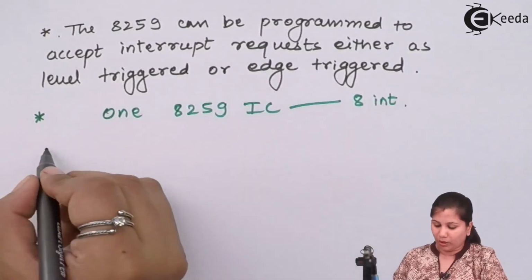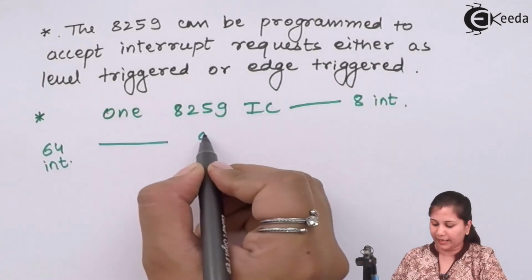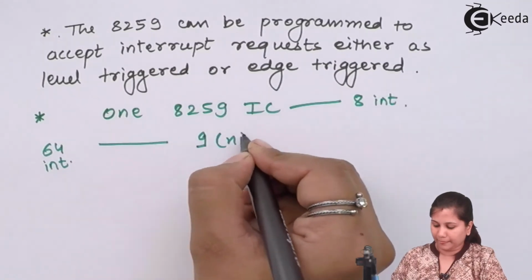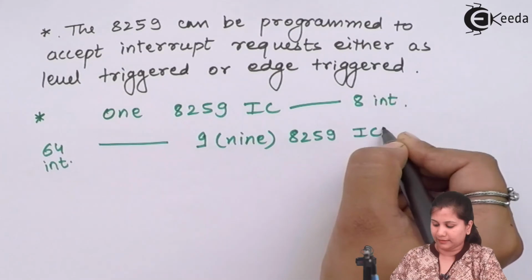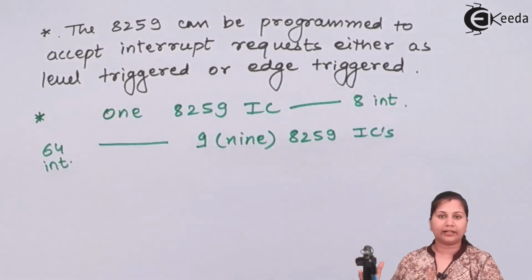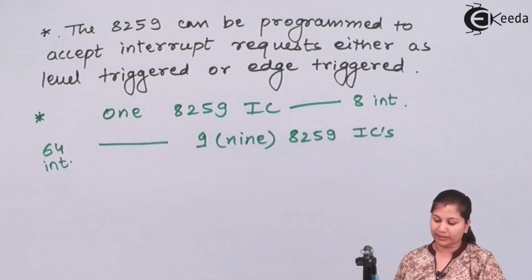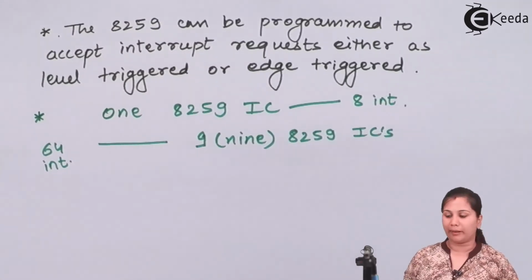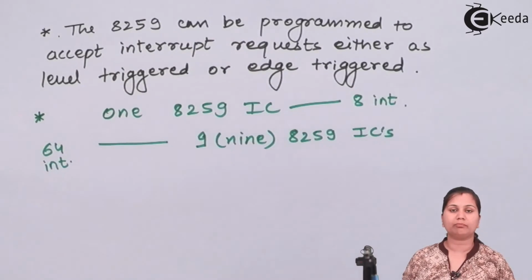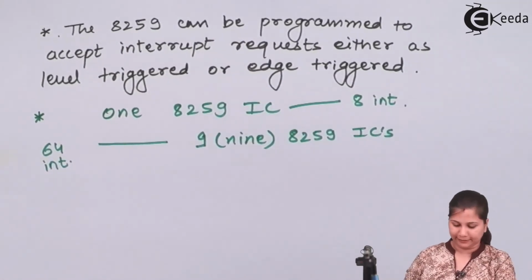Now if we want 64 interrupt requests, then we are going to connect 9 8259 ICs. 8 of the 8259 ICs will be the slave ICs and one will be the master IC. In this way 64 interrupt requests can be handled by using the cascaded version, by using 9 8259 ICs simultaneously.